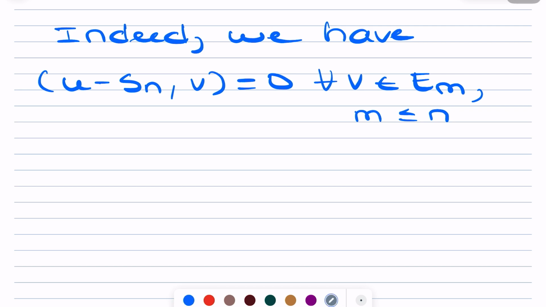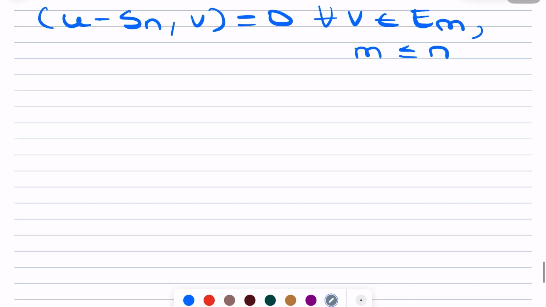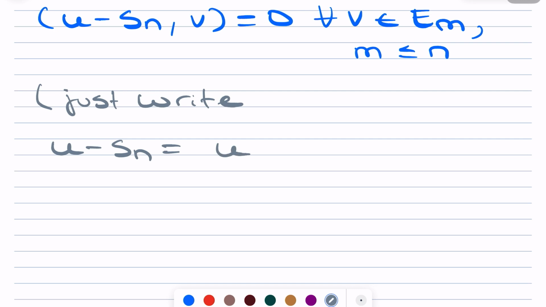Well, how do we see that? Just write u minus Sn as u minus Um, minus the summation of uk over k different from m, to n.